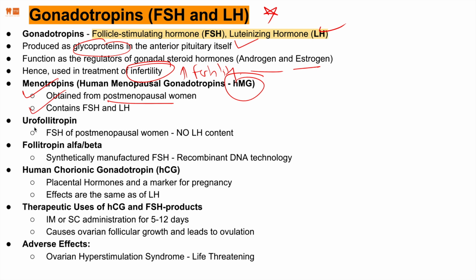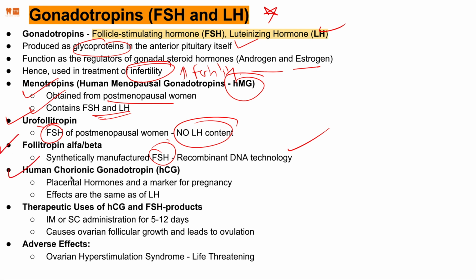We have urofolitropin, FSH, of postmenopausal women, there's no LH content. So menotropin has both. Urofolitropin has just FSH. Folitropin alpha and beta, again, synthetically manufactured FSH. Which technology? Recombinant DNA, perfect.